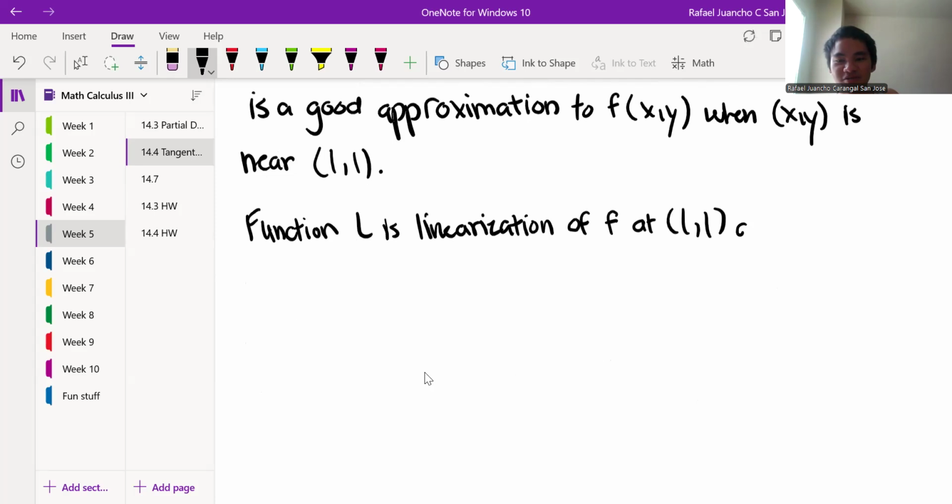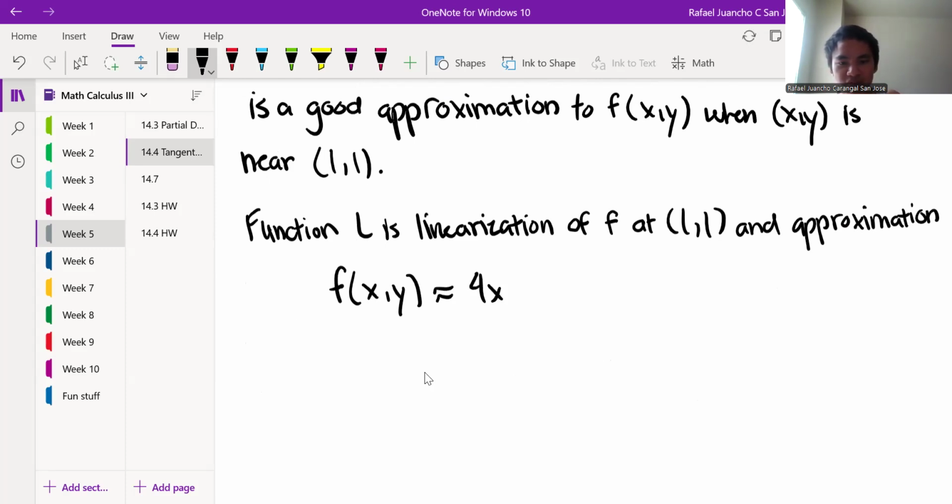And the approximation is that function itself, so we put these two squiggly equal signs.